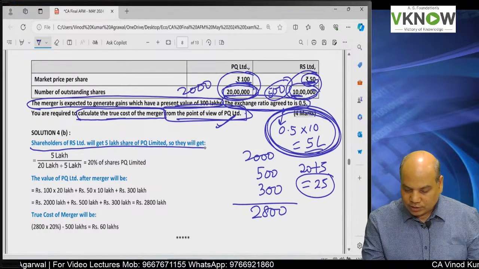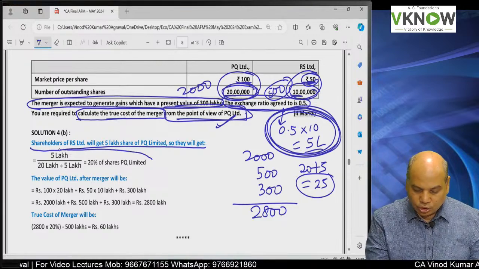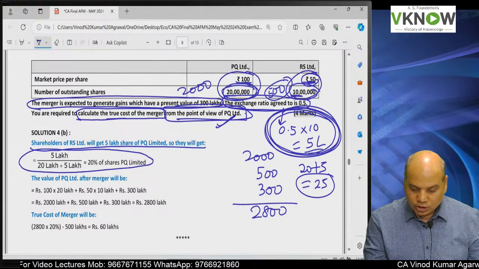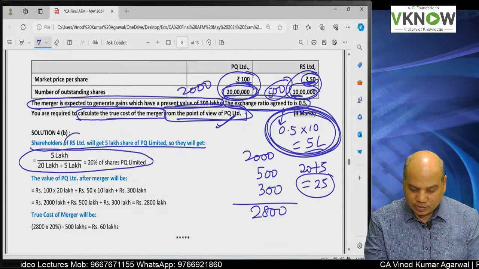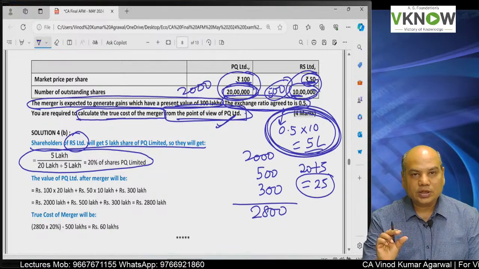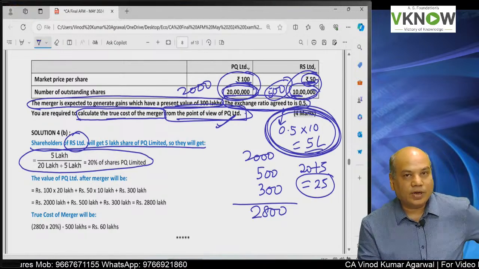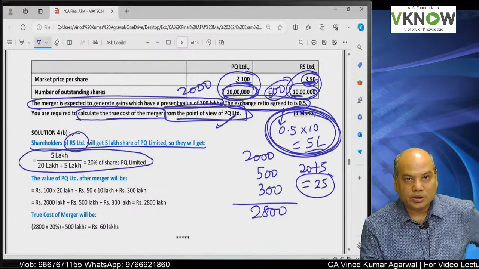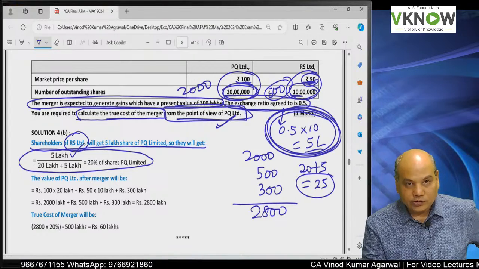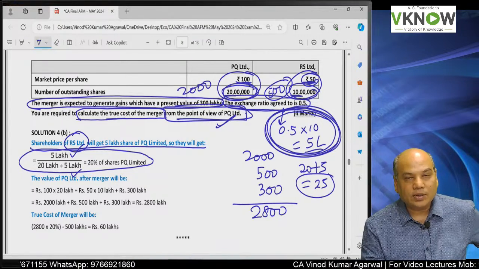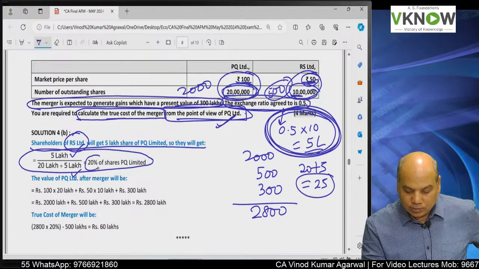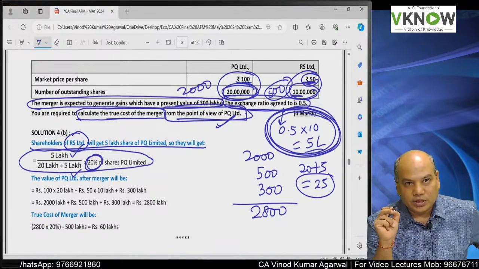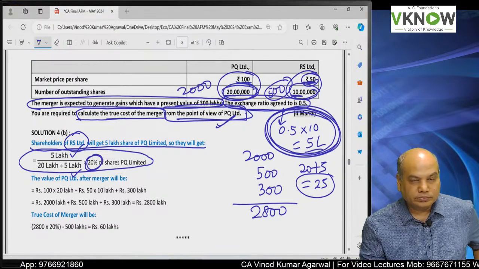Then we'll calculate the stake of shareholders of RS Limited in the merged company. They will get 5 lakh shares divided by total 25 lakh shares. So they will have a stake of 20% in the merged company.